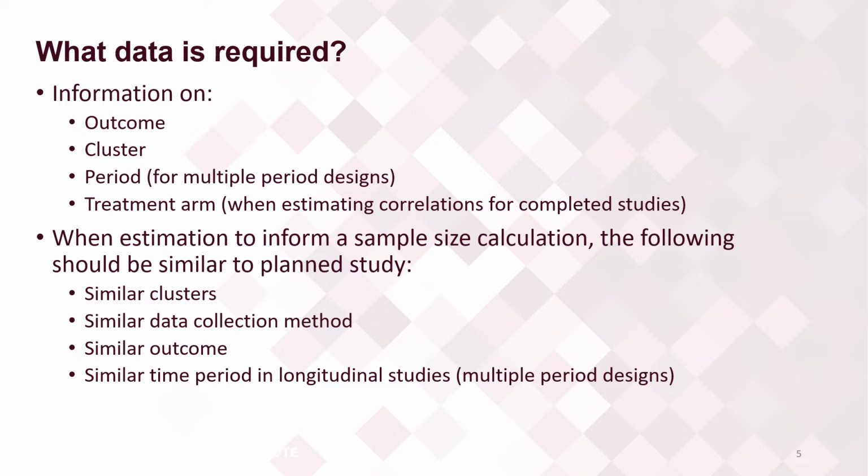They inform us how similar observations are within a particular cluster. Now, if we change the cluster, we change the outcome, we change the method of data collection, or we change the time period, then this can distort those correlations, and they no longer represent correlations that might occur in our own study. So similarity here is key.